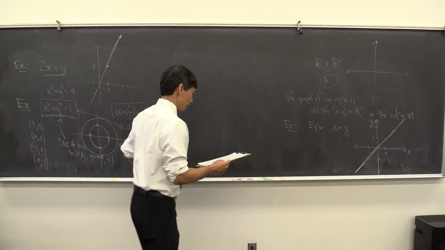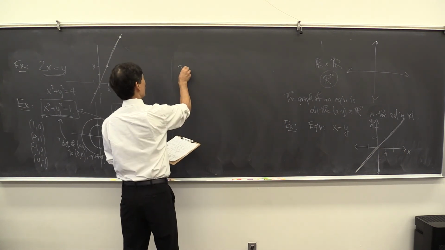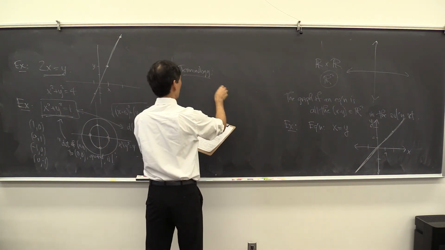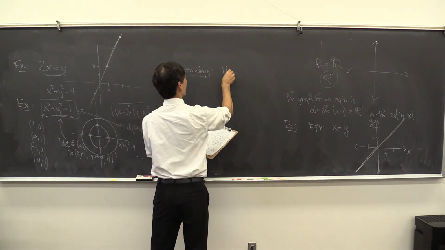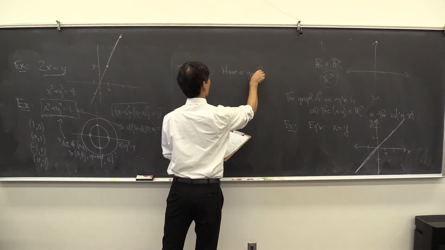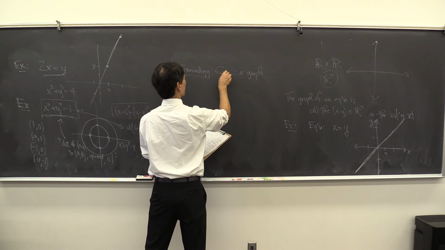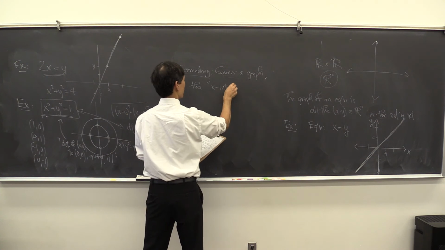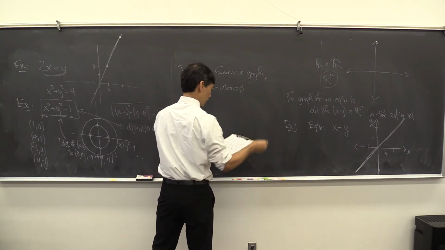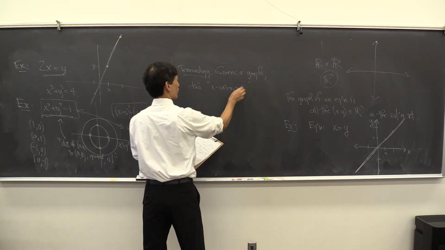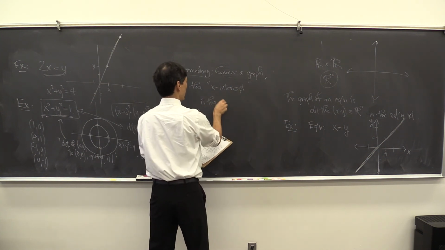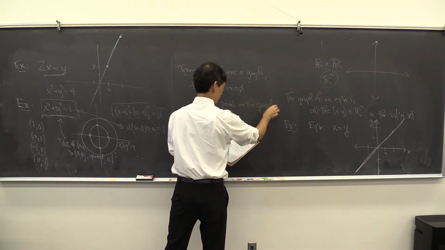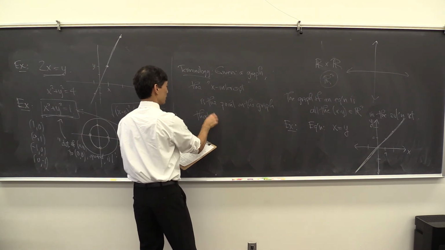Just one last thing that you've probably seen before. So some more terminology. So given a graph, the x-intercept is the point on the graph that lies on the x-axis.